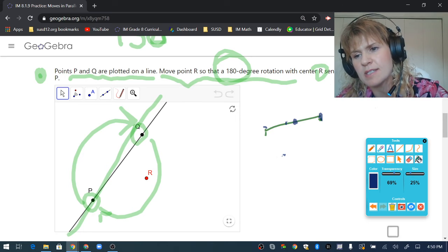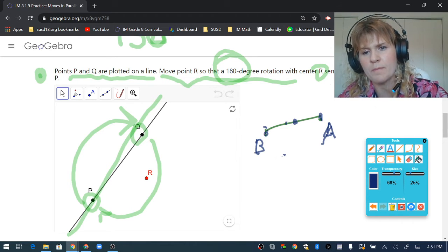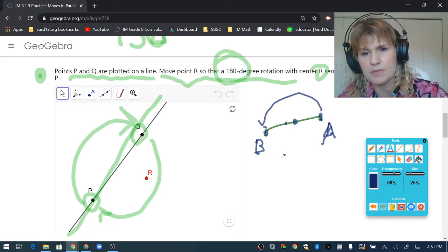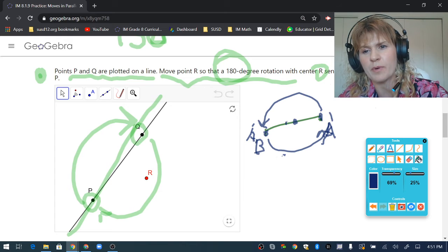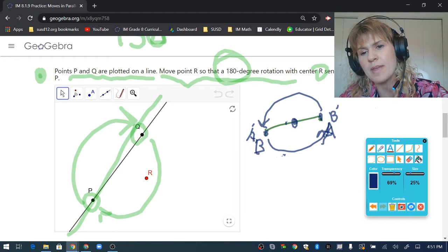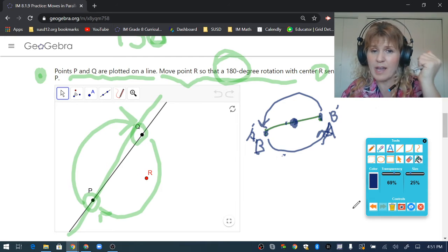Well, if this is line segment AB, with point A and point B, and you rotate 180 degrees, then A moves to the other end point. This becomes A prime. B moves to the other end point. This becomes B prime. A 180 degree rotation with the midpoint as the center of rotation just flips the line.